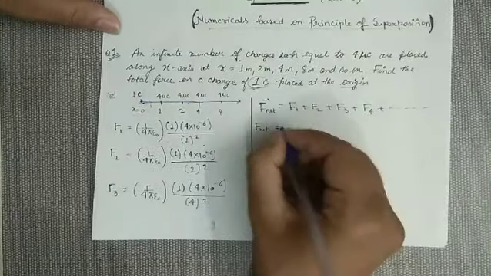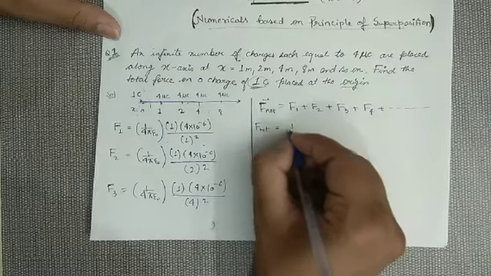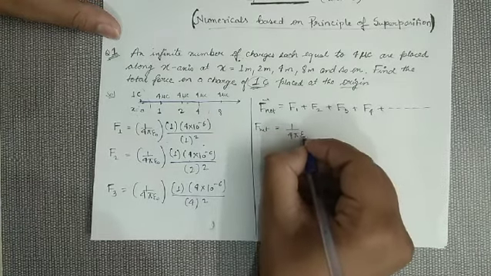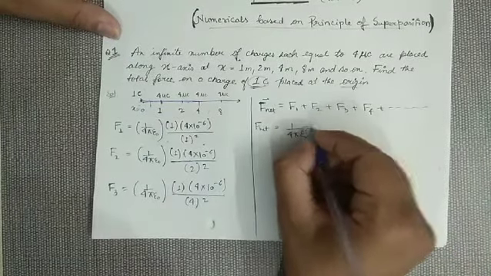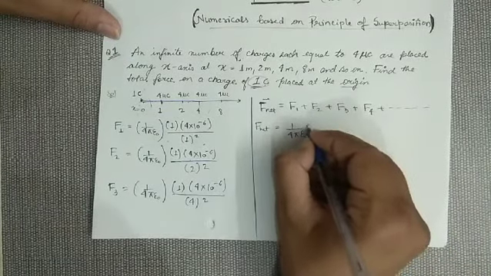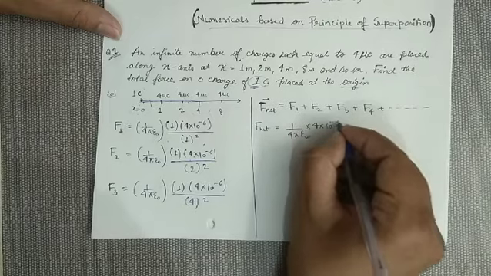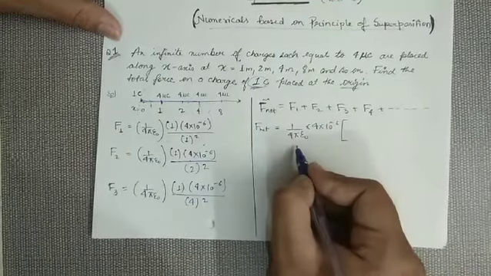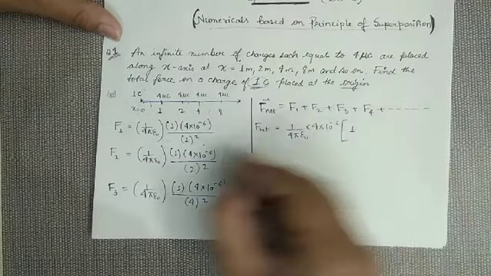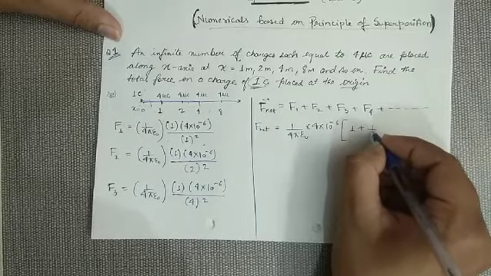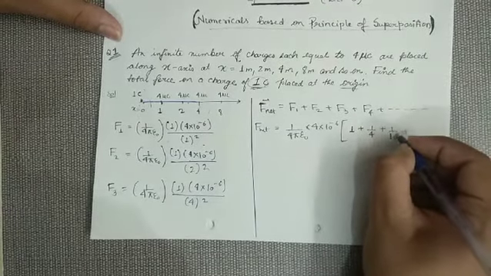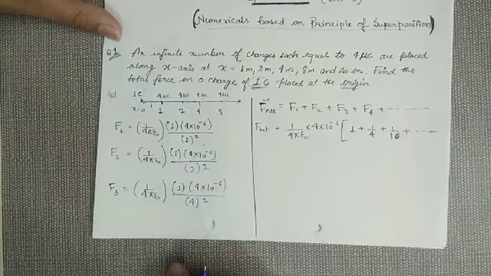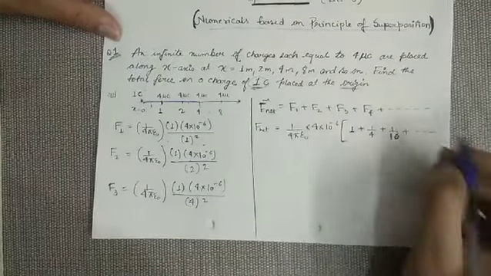Taking the value of k common, and as well as the charges are also the same. The common quantity I have taken out. So the remaining quantity is 1 plus 1 by 4 plus 1 by 16 and so on. So such a kind of series we are going to obtain.